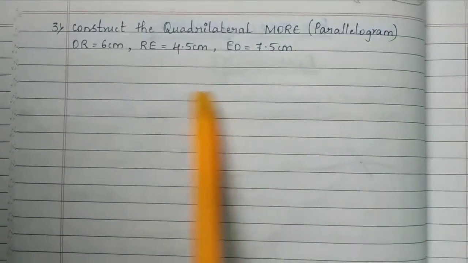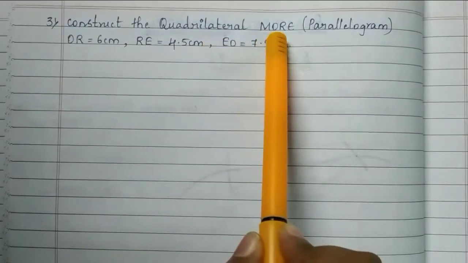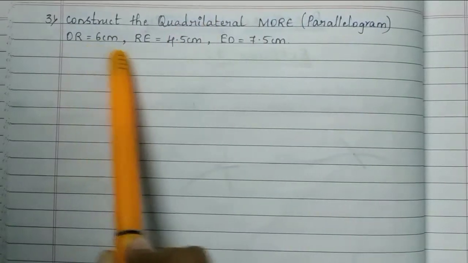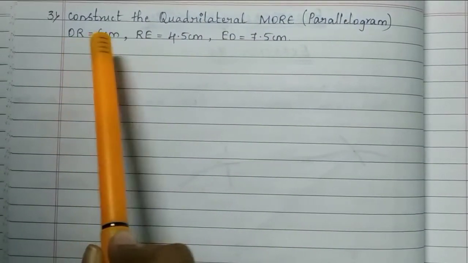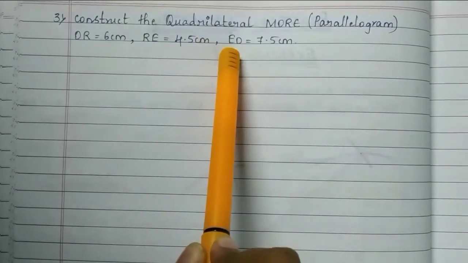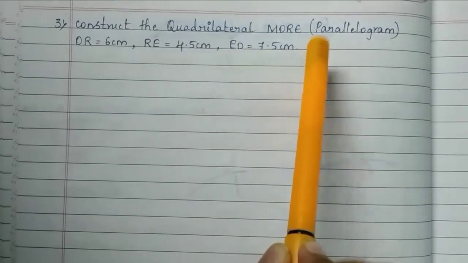So moving on to the third question. The third question is given as, construct the quadrilateral MORE, which is a parallelogram, and the measurements are given as follows. OR is equal to 6 centimeter, RE is equal to 4.5 centimeter and EO is equal to 7.5 centimeter.